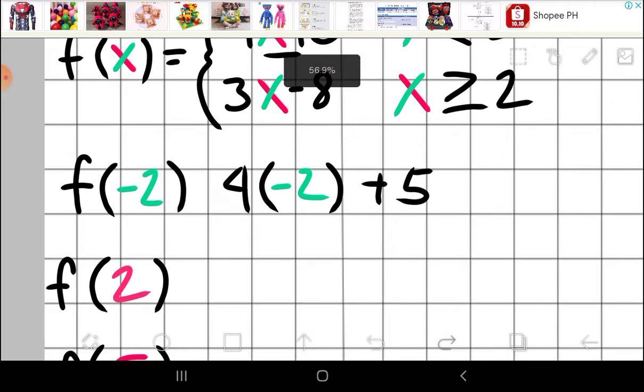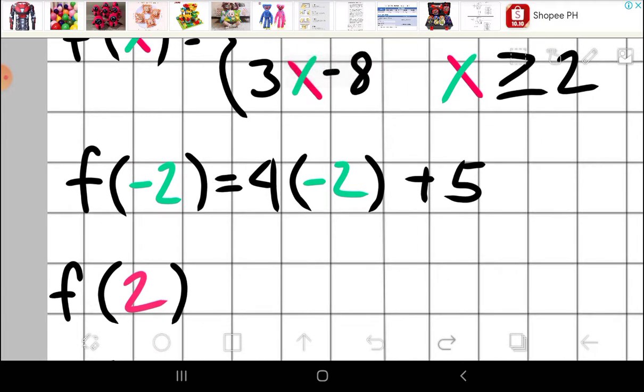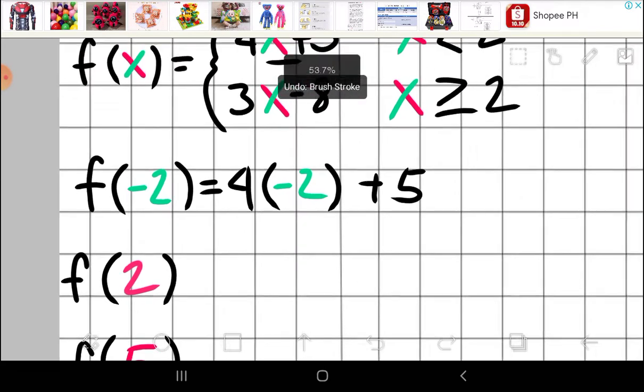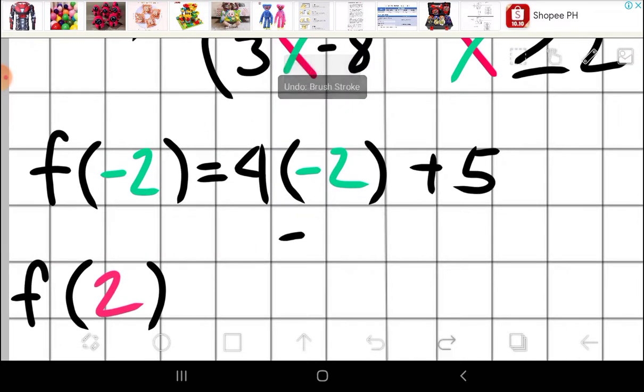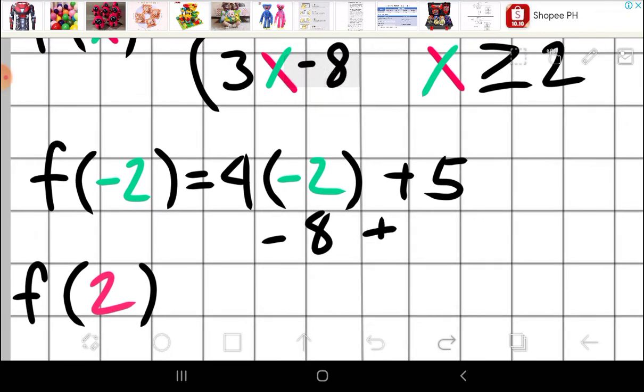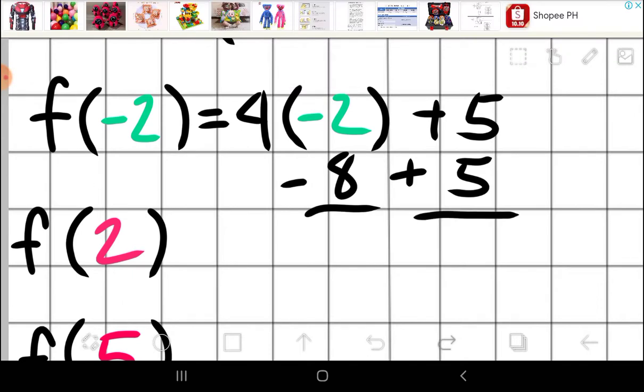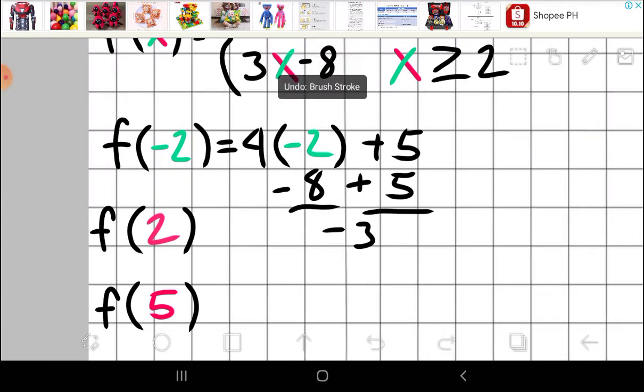Now let's try to solve it. So 4 times negative 2 is negative 8. Bring down positive 5. Now, negative 8 combined to 5 is negative 3.